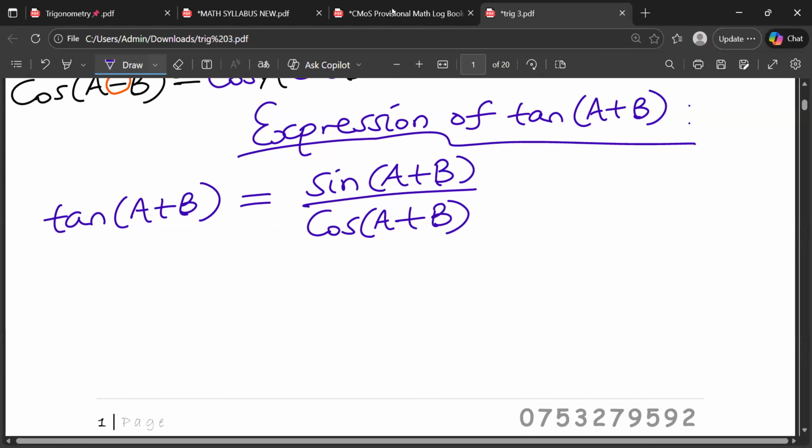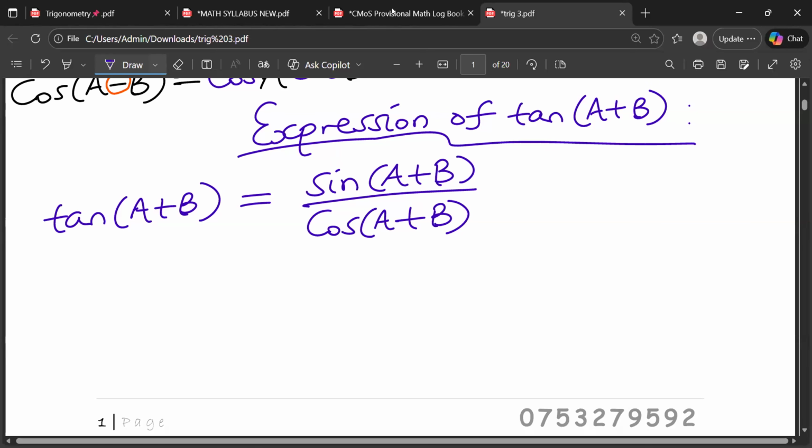I hope that step is okay with you. Sine A plus B over cos A plus B. Maintain the angle, then where you have tan, you put sine over cos. Hope we are together.